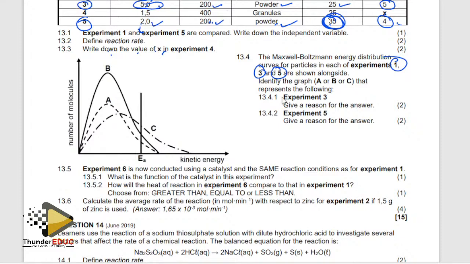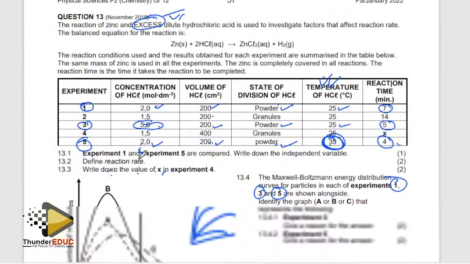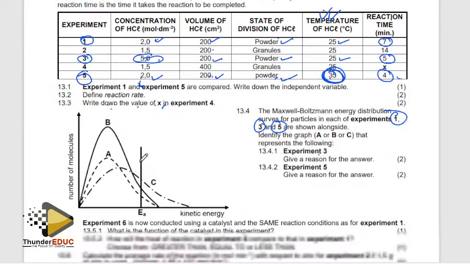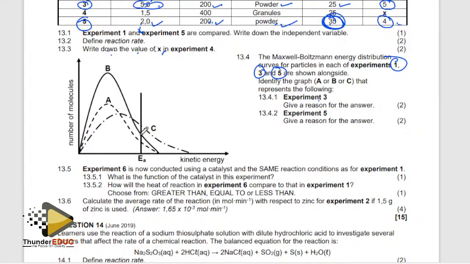What is experiment 3? Experiment 3, if you look at it, is just normal. If you look at it here, it shows that it's just normal. So if you look at these questions, you will see that experiment 3, you have this, you have this, and you have this.